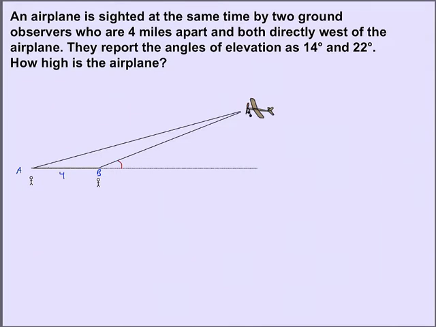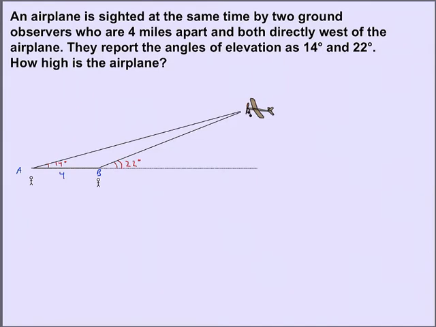So we've got two angles of elevation here. So I'll label them with two different markings. The smaller one is the one where I've marked angle A. So that has to be the 14-degree angle. The 22-degree angle is the angle of elevation from angle B. And notice how that 22-degree angle is not inside the triangle that I drew.